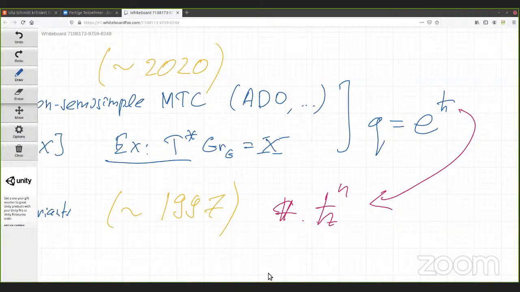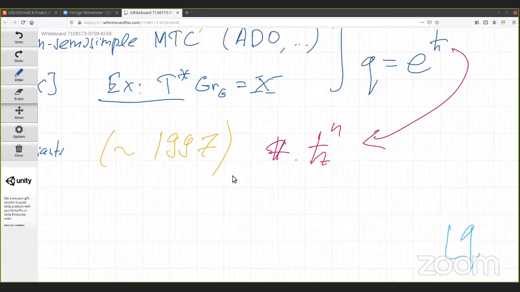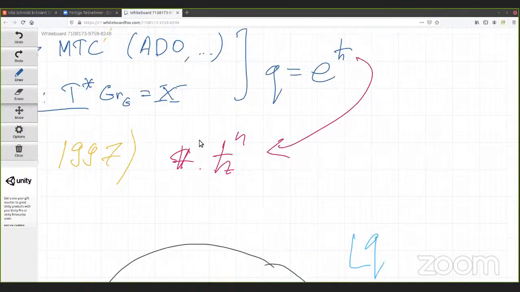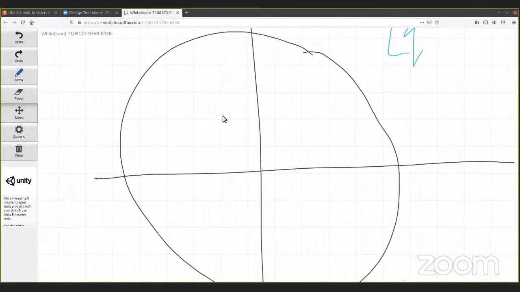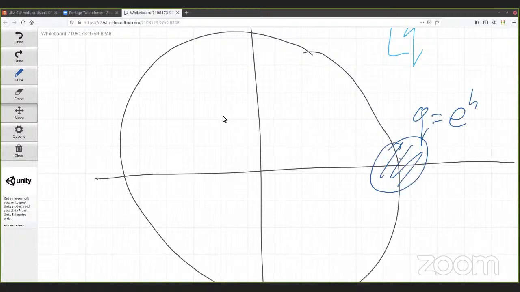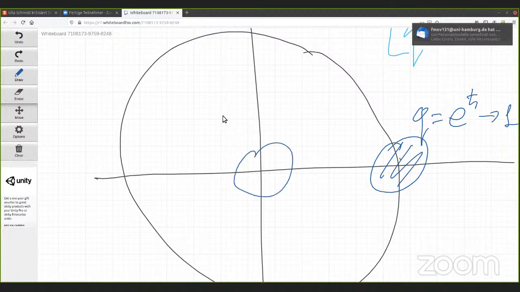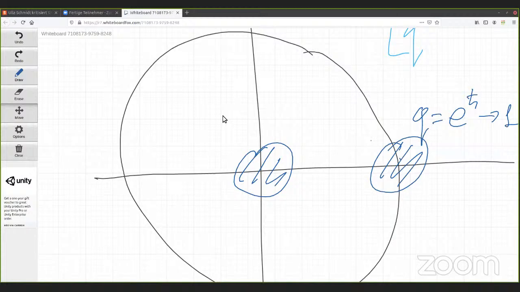So if I try to draw the Q plane, then we have a unit circle, and the h bar expansion happens around here. So Q, which is exponential of h bar, goes to 1, whereas the Q-series sits here. So part of answering your question about how these stories are related would involve also transferring the domain of expansion, because in this 2020 application, you get natural expansion around Q equals 0.